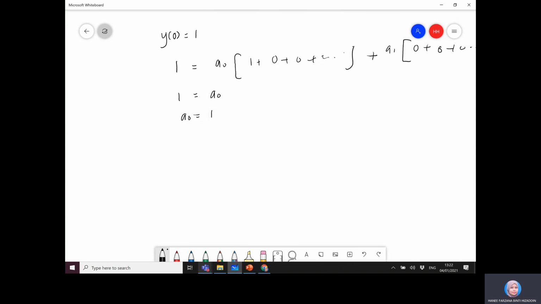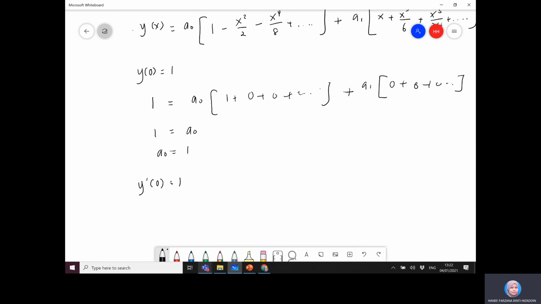Then you can use the other initial condition given, which is y prime at x equals 0 equal to 1. From the y of x here, we're not really interested in the a0 terms because we already know a0. So let's just look at the terms with a1.